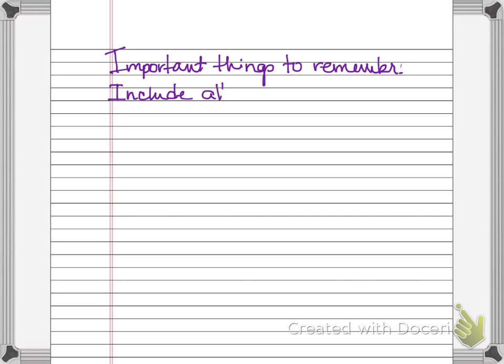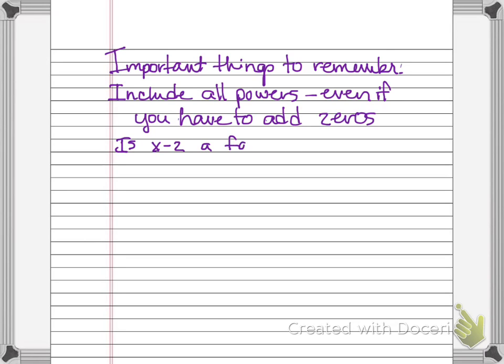You need to remember to include all the different exponents from the very beginning. So if you have an expression of x to the fifth plus x to the third, you need to account for the x to the fourth power. So this is an example.